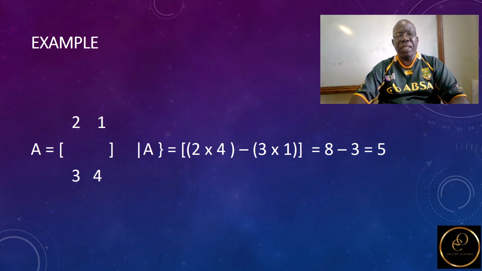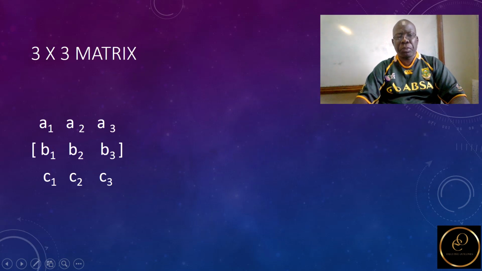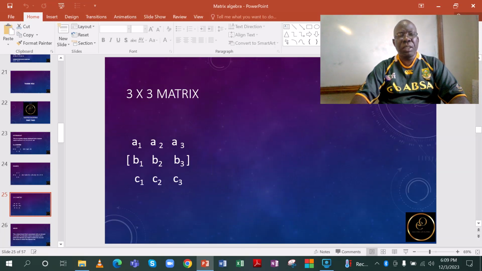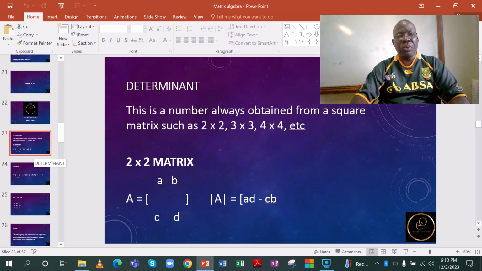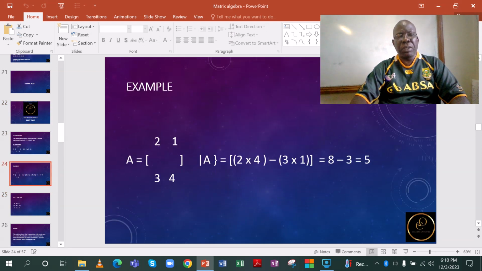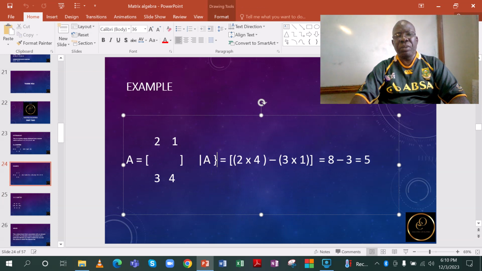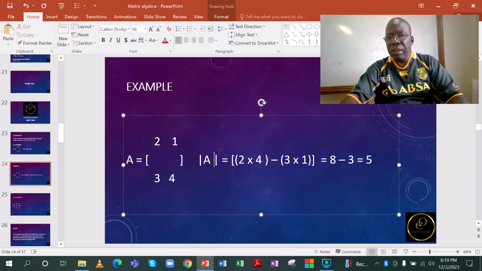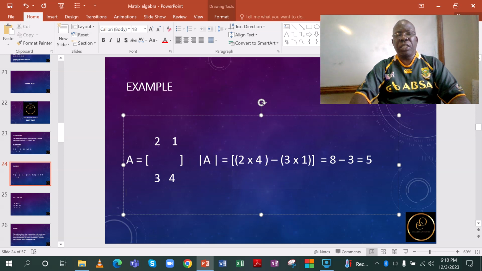If we are going to find the determinant of this matrix, then you're going to have 2 times 4, the downsloping diagonal elements, minus 3 times 1, the upsloping diagonal elements.